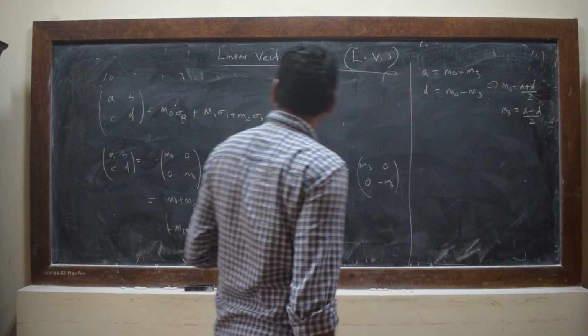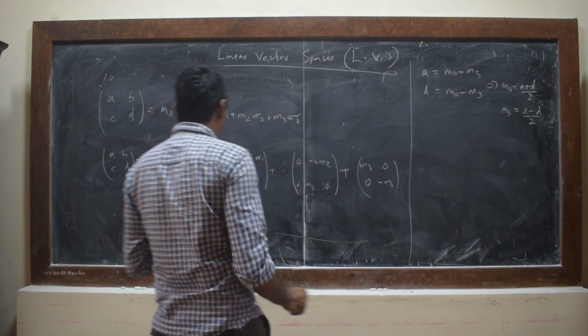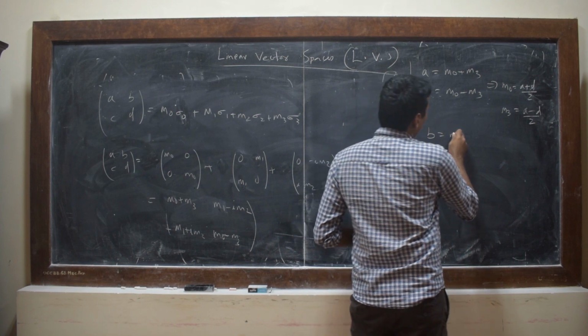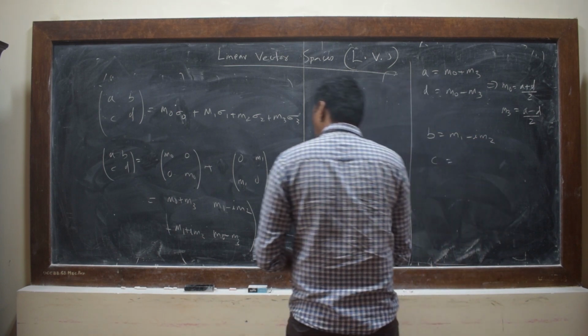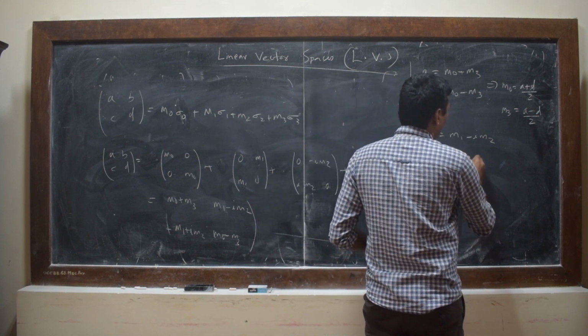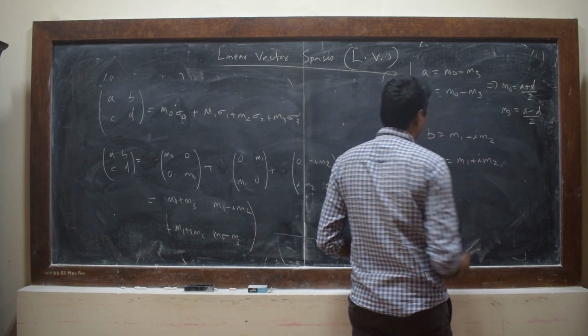The next equations: B is equal to m1 minus i m2, and C is equal to m1 plus i m2.